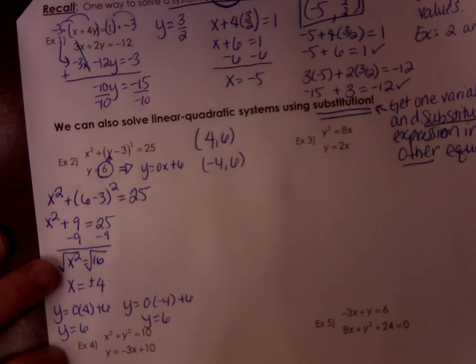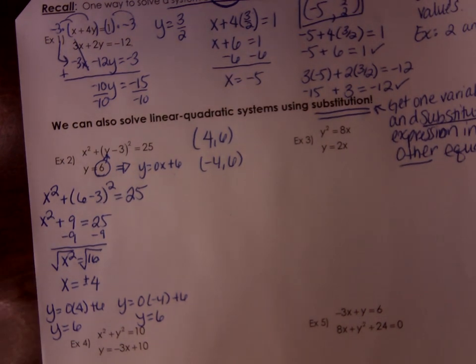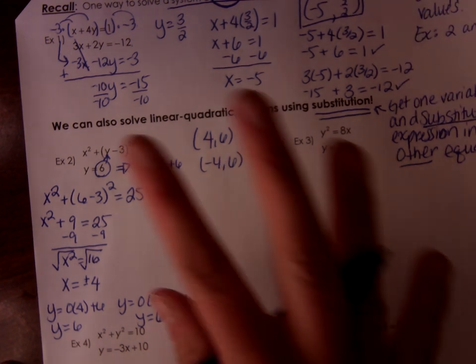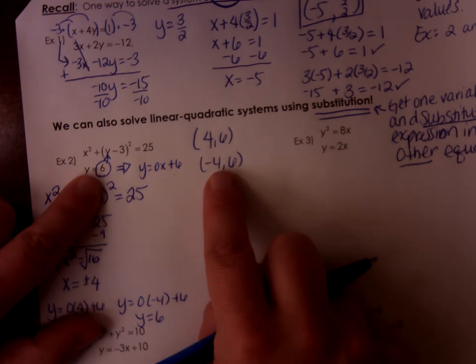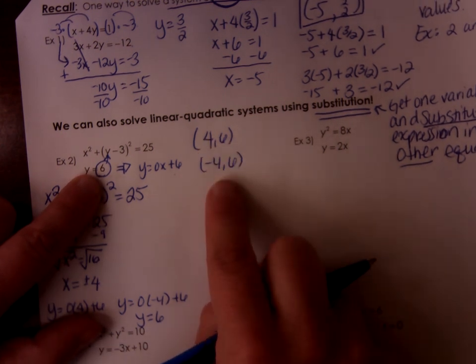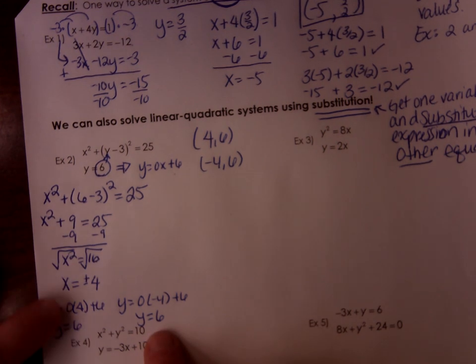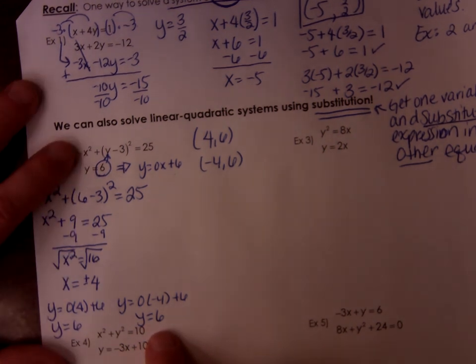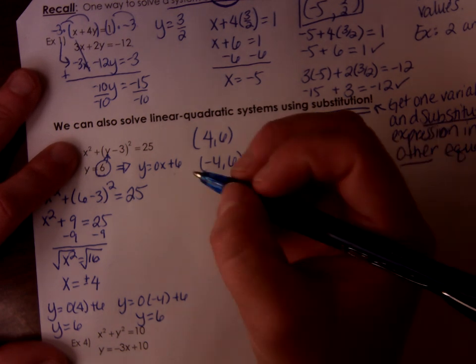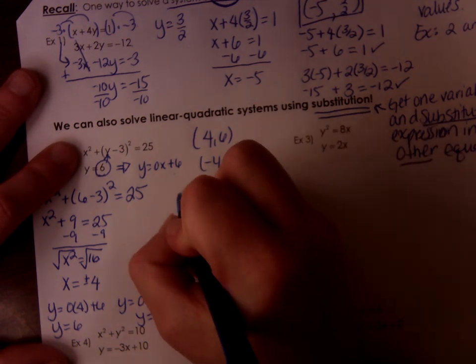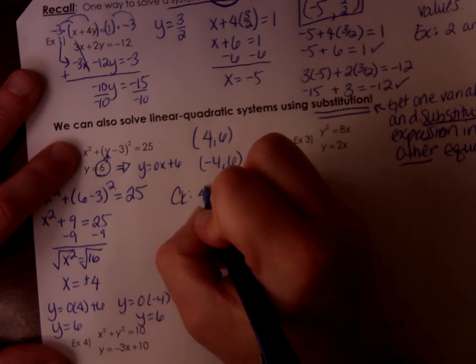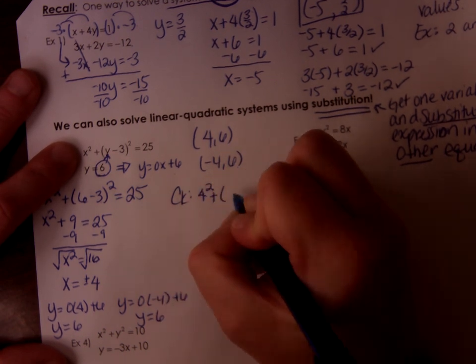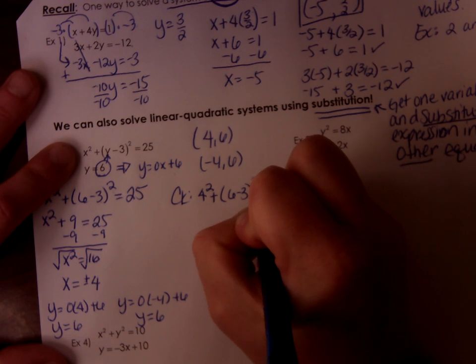And it's always helpful and really important to check your solutions by substituting both ordered pairs into the original problem. Obviously, we know that 4, 6 and negative 4, 6 work with our second equation. What we want to see is, does it work with the first equation? So for my check step, 4 squared plus 6 minus 3 squared, does that equal 25?